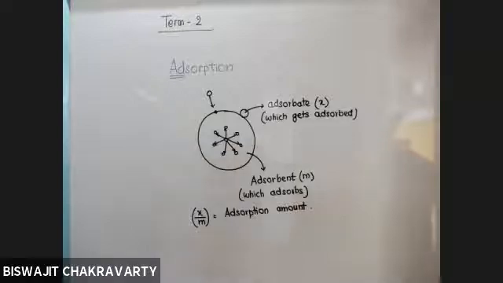So hence we say that adsorption is nothing but the phenomenon in which there are two different types of substances. One is getting adsorbed and the other is adsorbing. And if adsorbate is given by small x and adsorbent is given by small m, then the ratio x by m gives you the rate of adsorption. Any doubt up to this much?